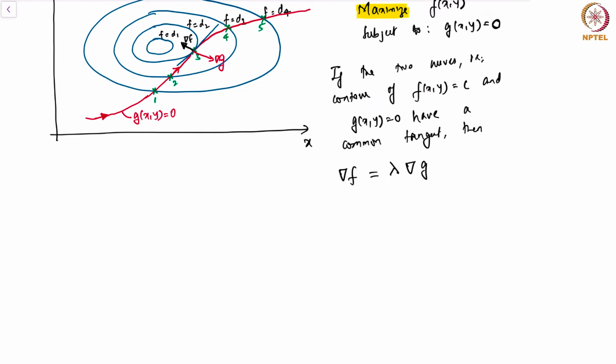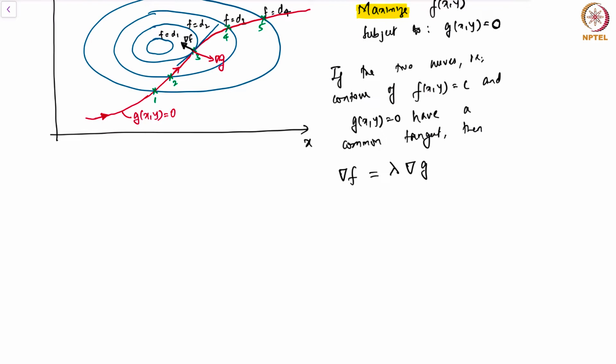Why do we have a constant lambda? We have a constant lambda because the gradient of f and gradient of g need not point in the same direction and need not have the same magnitude. They have the same overall direction in the sense that they are either pointing in the same direction or in opposite directions, but they need not be of the same size. So the gradient of f and gradient of g vectors are either parallel or anti-parallel to each other.